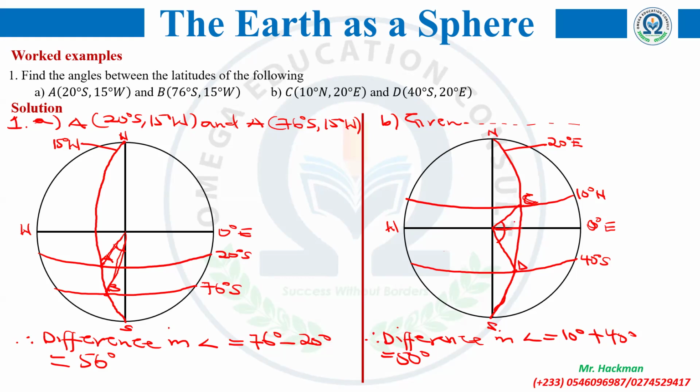So this will be 10, between these two lines. And from here to this will be your 40 degrees. So if I want to know the entire angle here, you can see that I have to add, from here to here and now from here to here. So the entire angle will be this.